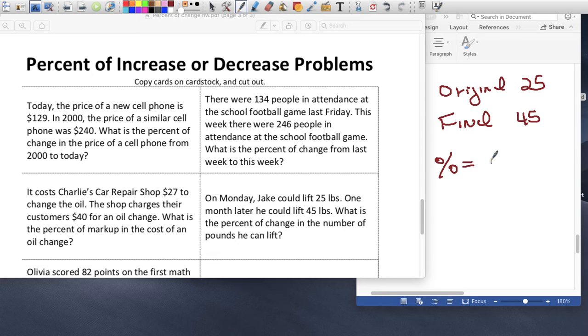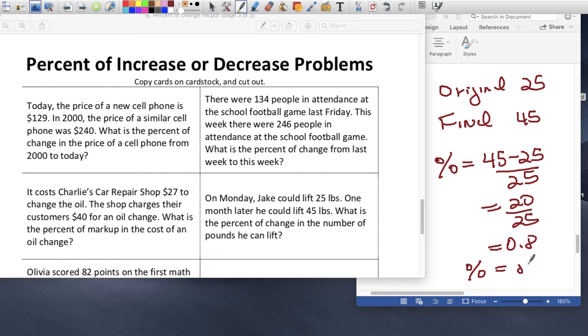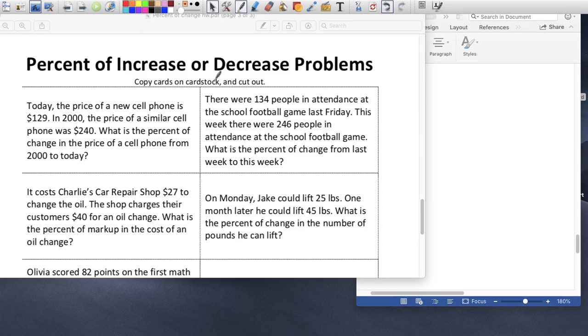So percent of change is final, 45, minus original, divided by the original. 45 minus 25 is 20, and then 20 divided by 25 is 0.8, or if you change it to percent, it's going to be 80%. Okay, so the percent change was positive, obviously, right? So definitely it means that the change went up.